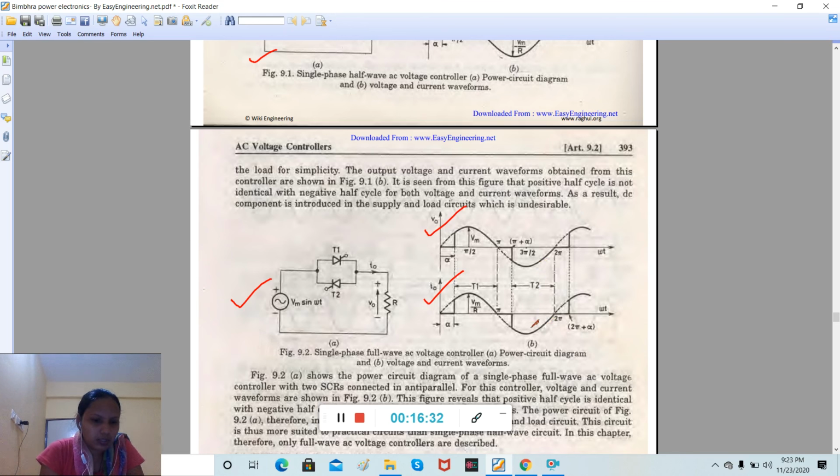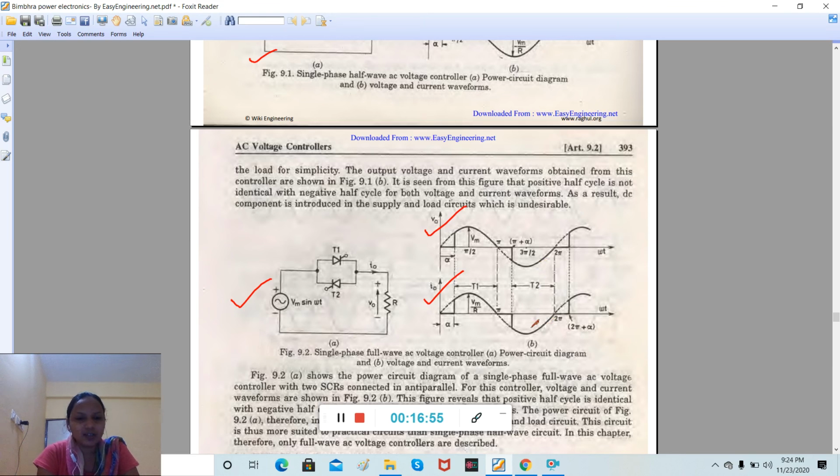So see what happens. Here the positive half cycle waveform is identical with the negative half cycle for both voltage and current waveforms. Therefore it introduces no DC current component in the supply and load circuit.